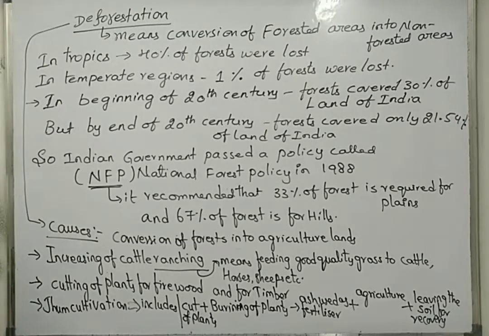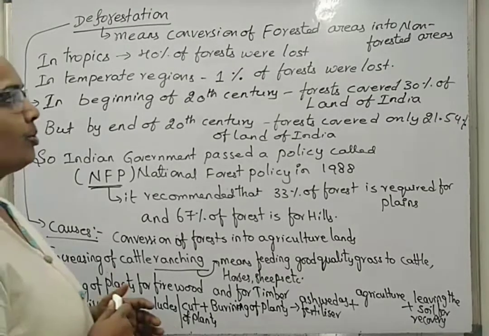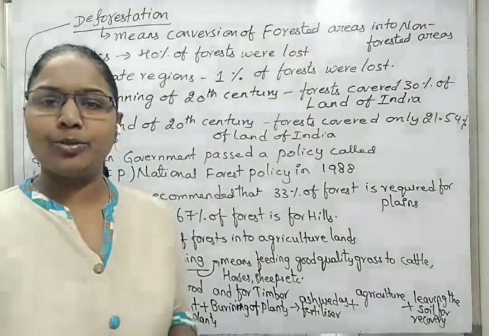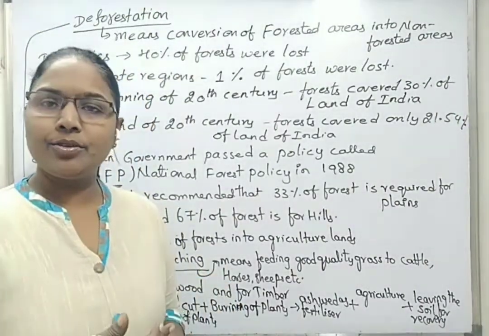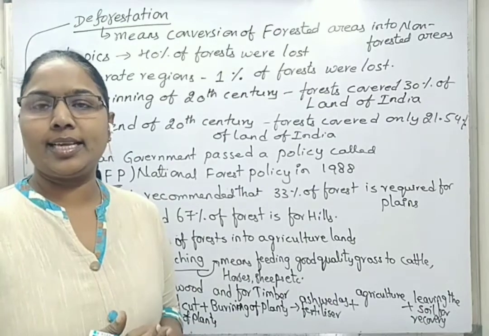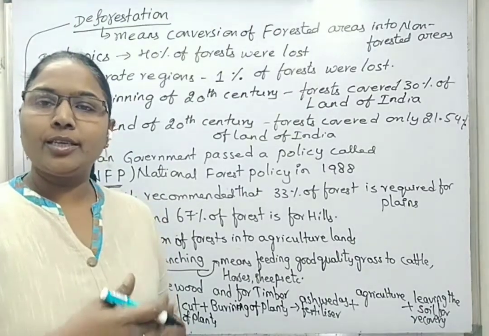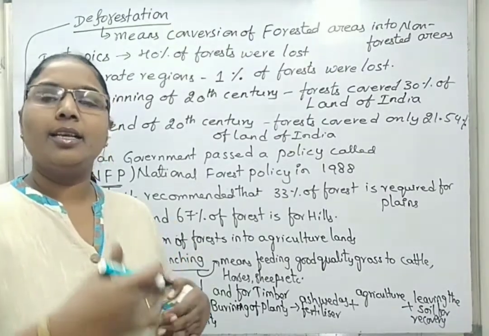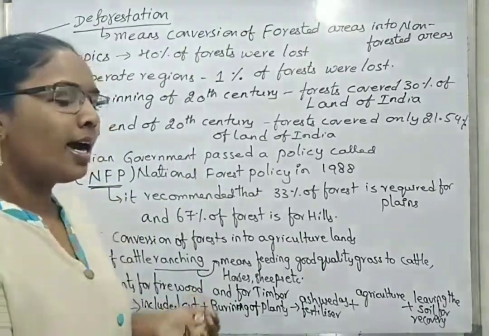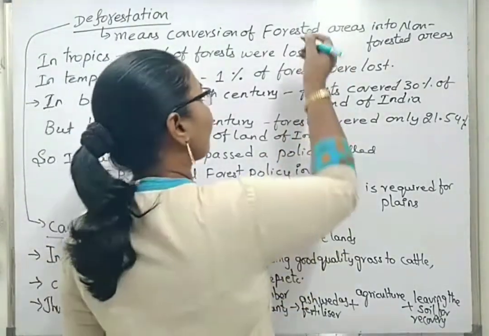Next, deforestation also leads to loss of biodiversity and disturbance in the hydrologic cycle. What is the hydrologic cycle? The movement of water between the earth and the atmosphere. The cycle of water is called the hydrologic cycle.